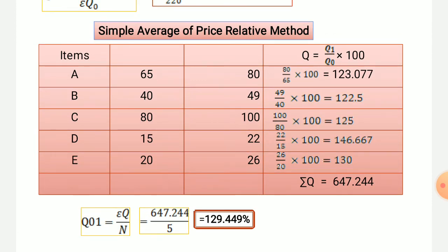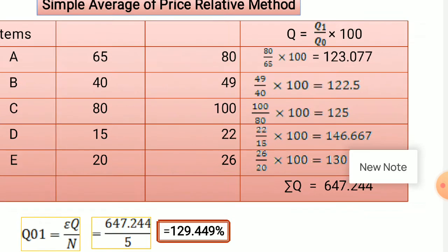Now Q can be known as current year quantity divided by base year quantity into 100. Current year quantity 80 by 65 into 100 equals 123.077. 49 by 40 into 100 equals 122.5, and then 100 by 80 into 100 equals 125. 22 by 15 into 100 equals 146.667, and then 26 by 20 into 100 is equal to 130.